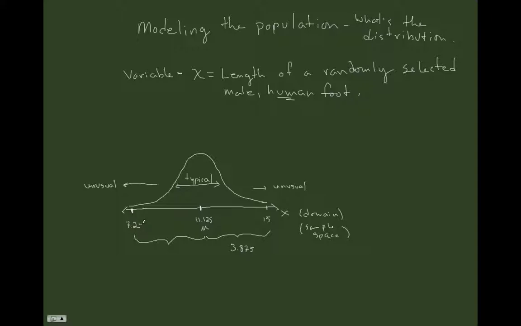So then we can check our assumptions a little bit mentally and think about, based on our experiences, of course, I've seen thousands of barefoot men in my life and footprints on the beach. And if I think about my experience, I'd say, yeah, that's a pretty small foot, 7 and a quarter inches.